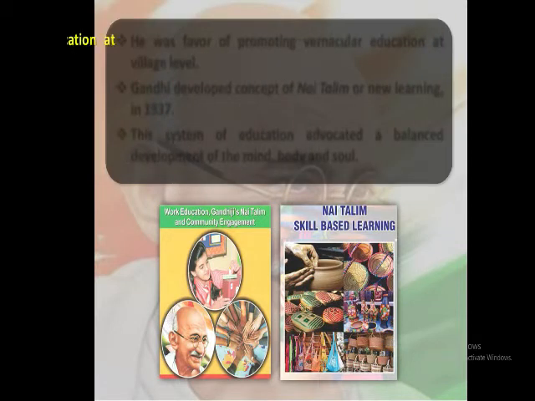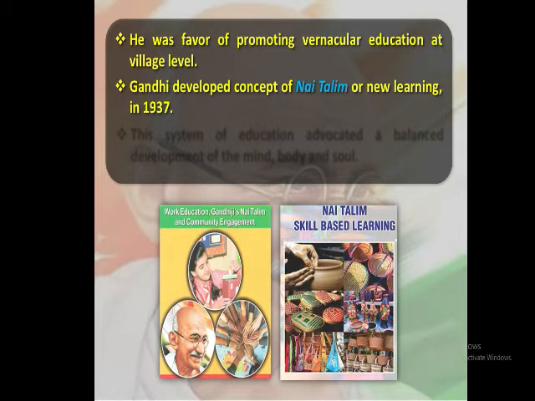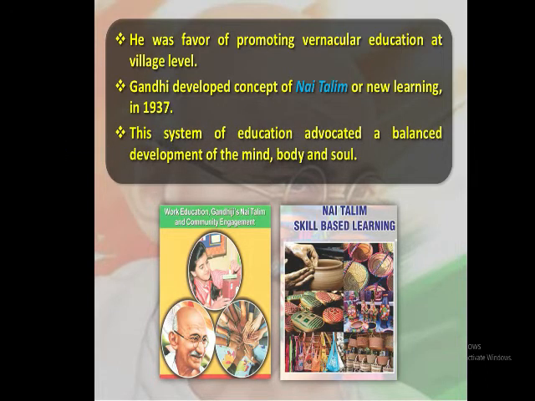He favored promoting vernacular education at the village level. Gandhi developed the concept of Nai Talim, or the new learning, in 1937. This system of education advocated a balanced development of the mind, body and soul. This is the image of skill-based learning introduced by Mahatma Gandhi.